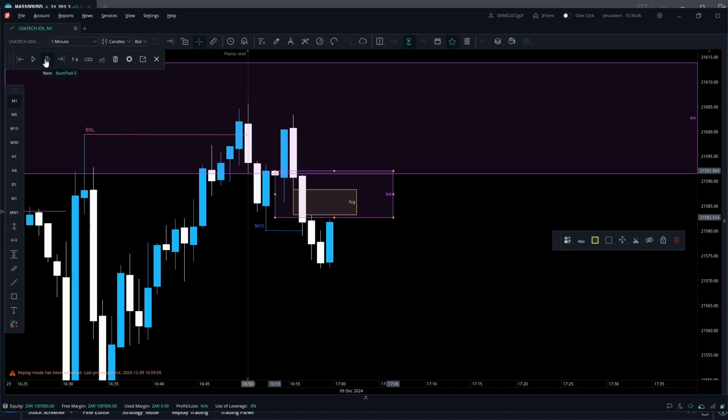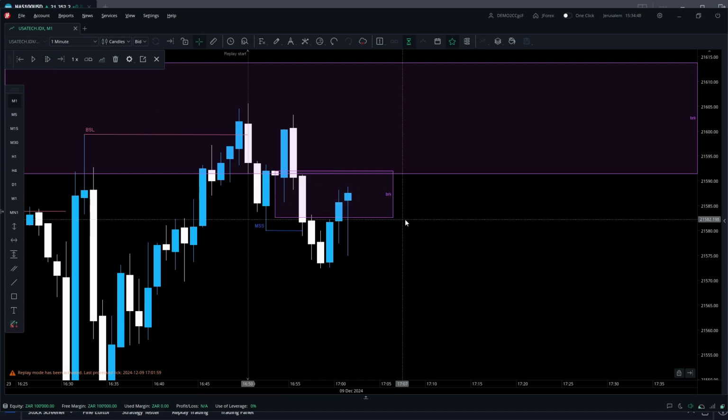So let's see what price does. Price goes and retests this fair value gap, breaks the fair value gap, therefore this fair value gap is invalid, but we're seeing that we still respect this breaker block. So that is where I'd say your entry should be.